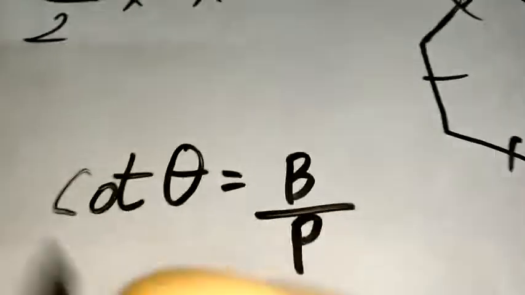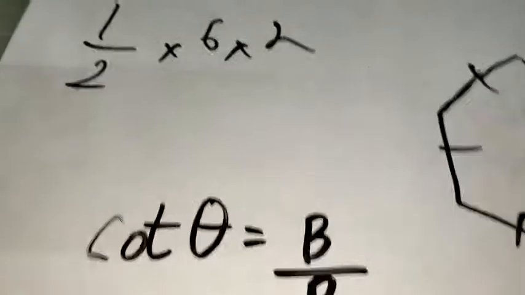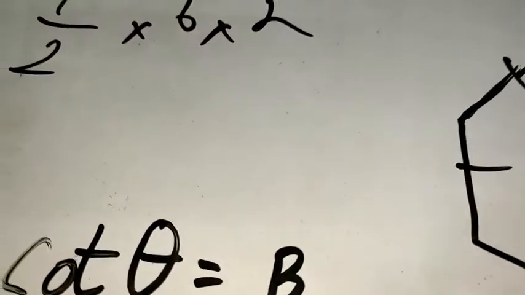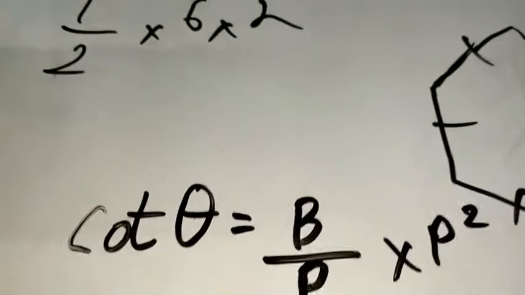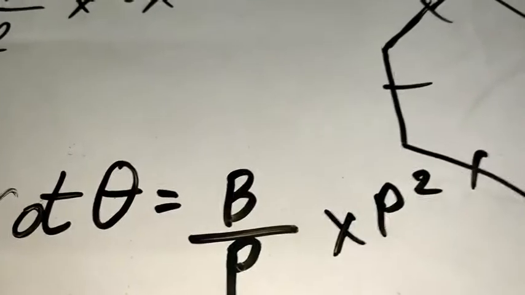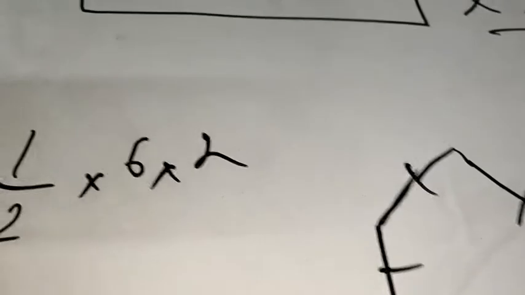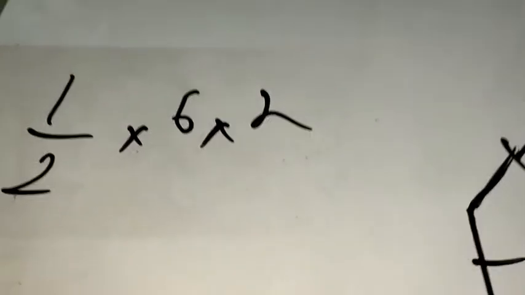Now if we apply cot theta, it would be b upon p. We know the p. If we multiply it by p squared, the answer will be pb, or you can say bp, which is actually the base into the height, right? Let me make it very simple for you.